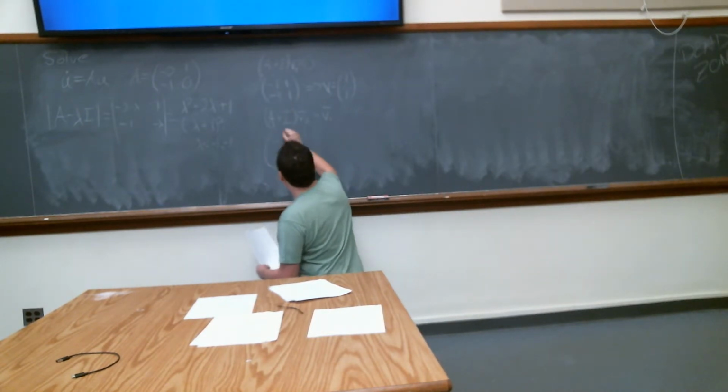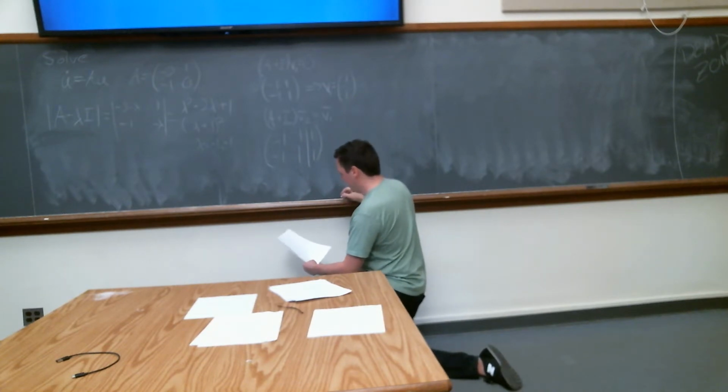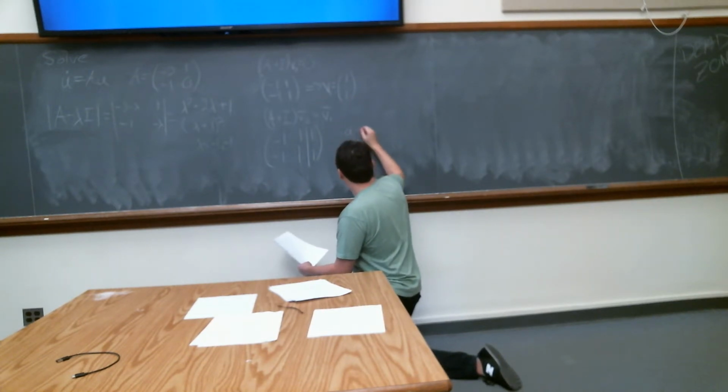So your augmented matrix is the same, and then on this side we get this 1, 1. So we get something like A plus B is equal to 1. We'll set this equal to 0, and we'll just get V2 is equal to 0, 1.